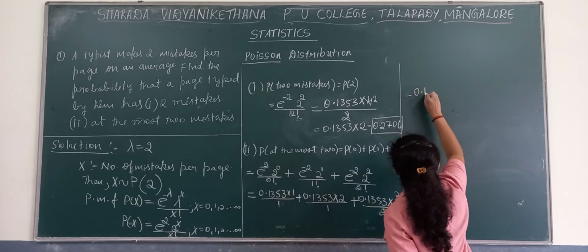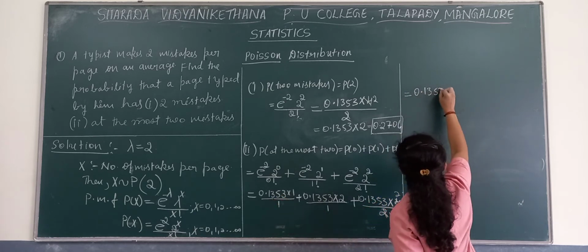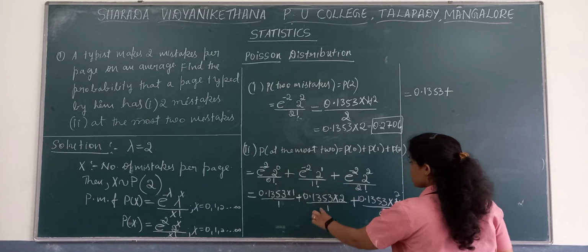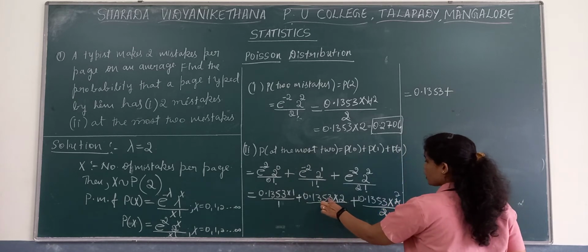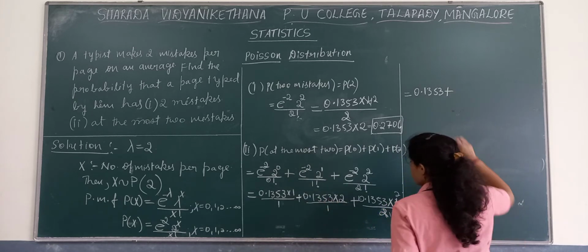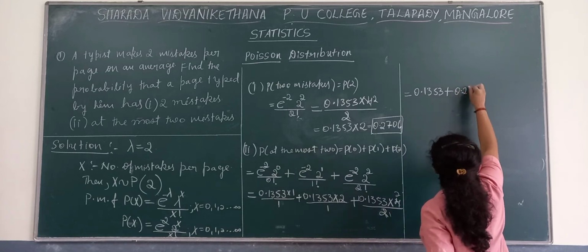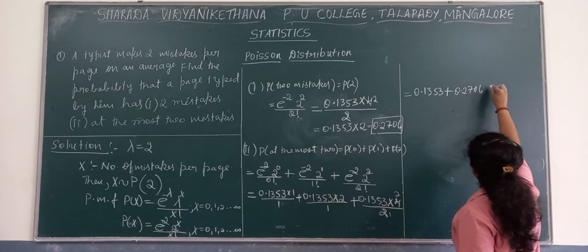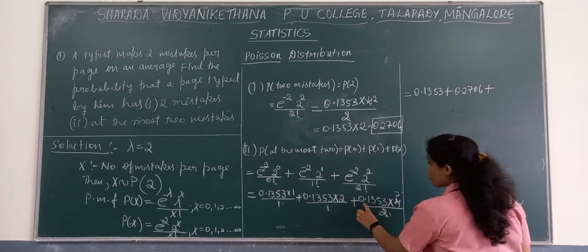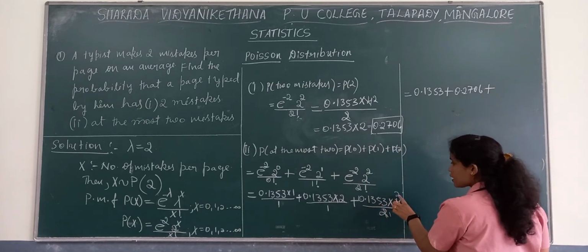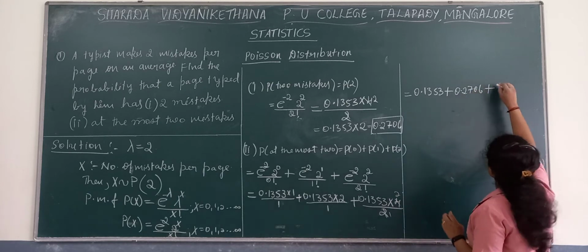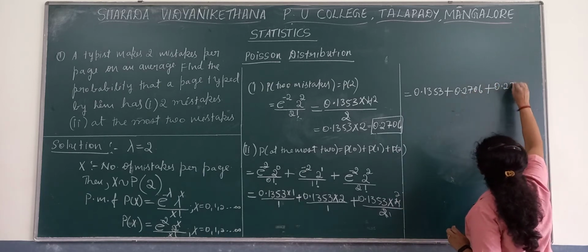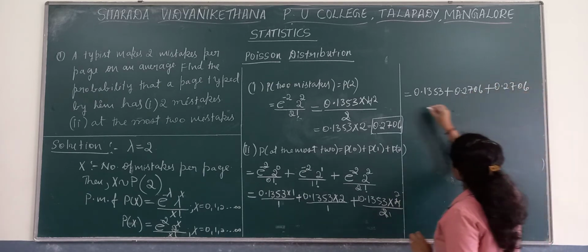Here 0.1353 plus 0.1353 into 2, 0.2706, which we have already got, same calculation, plus here 0.1353 once again into 2, once again same thing we get 0.2706.